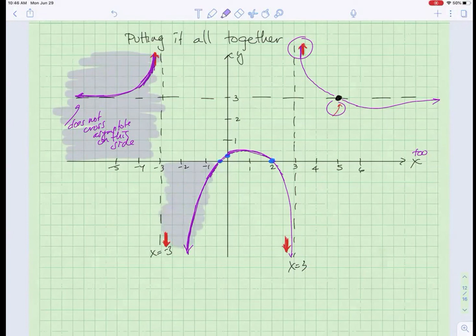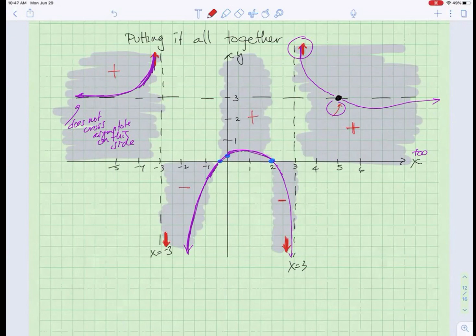And then we're above the axis in between those values. And then we're below the axis between 2 and 3. And then we're above the axis again after that. So again, it does follow this plus, minus, plus, minus, plus sign chart.